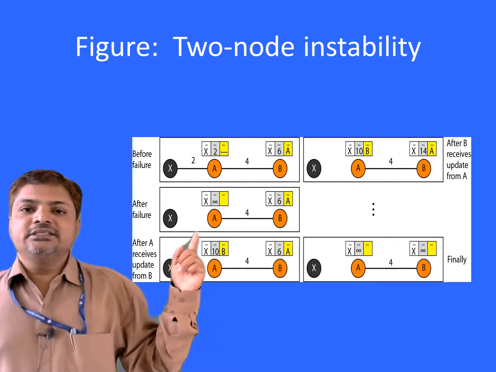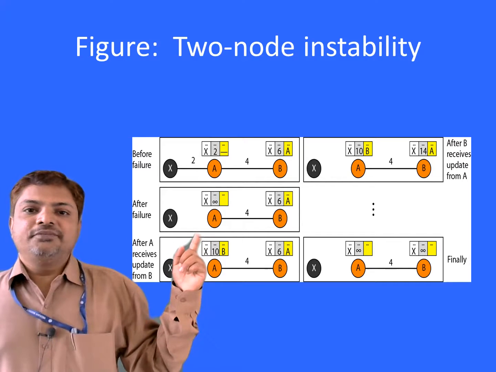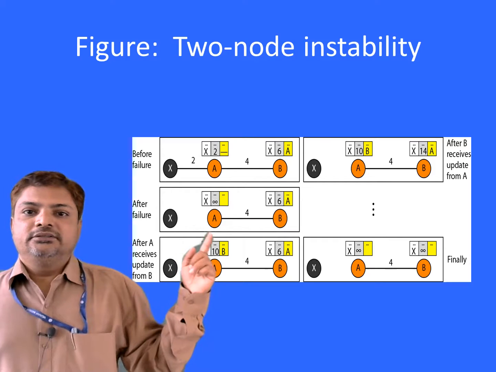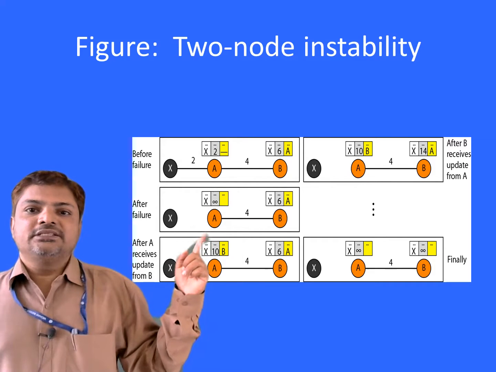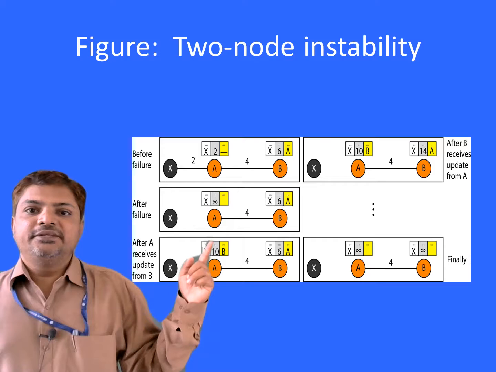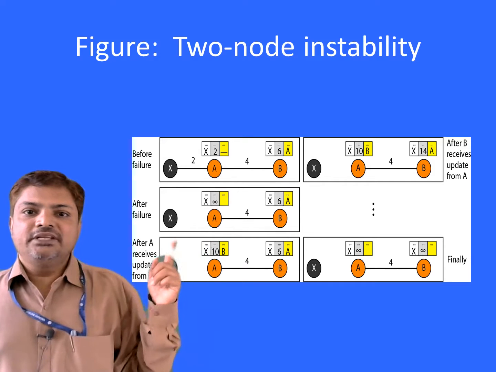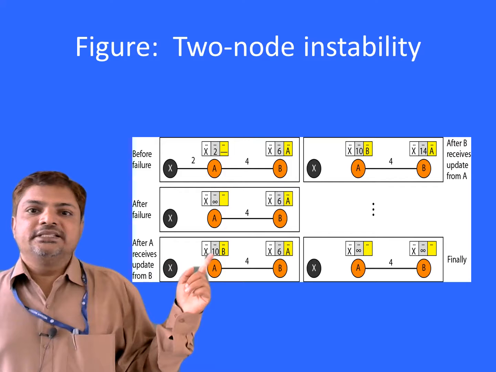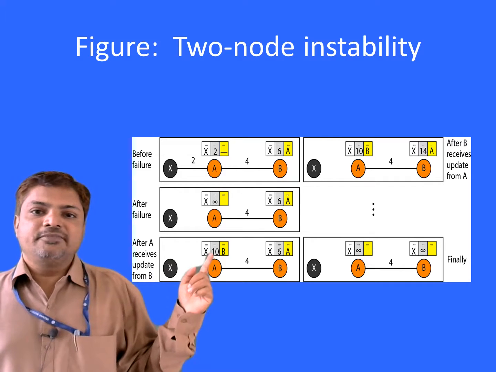Now A sends the information to other nodes saying that there is a loss of link between A and X and the path has become infinity. After A receives the update from B, it sends, but sometimes it may not reach.